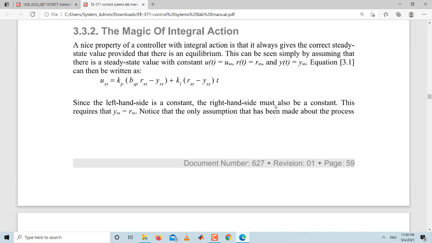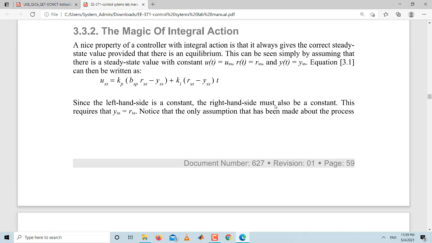So if the system gets into a steady state, then there is a correct steady state value that the controller is going to provide us, which means that if the system comes to a steady state, the input u of t that is dependent on time becomes USS, some constant, r of t becomes RSS, reference steady state, some constant, and then there is a constant output.